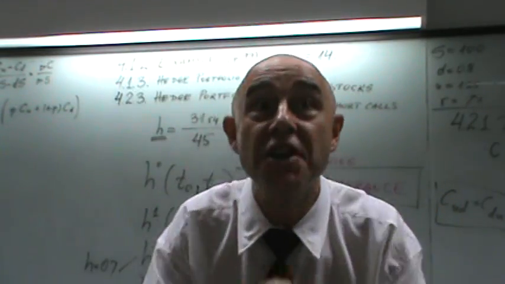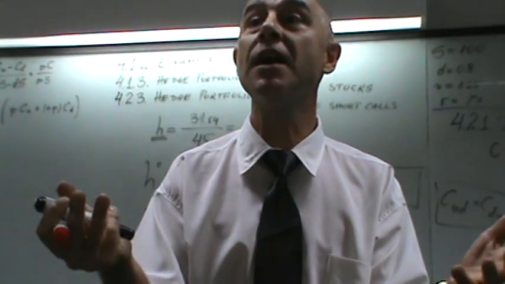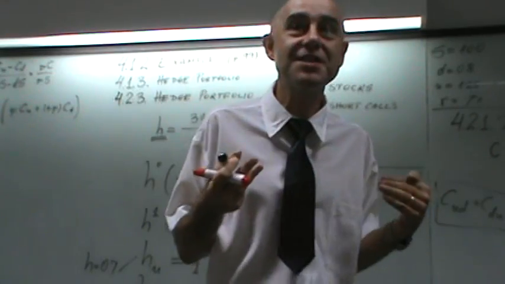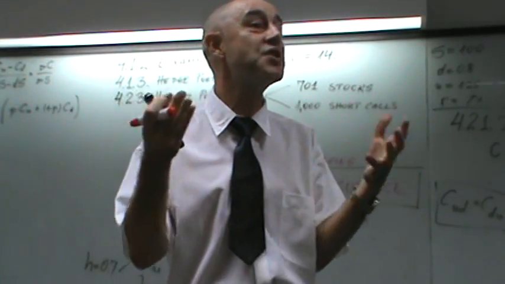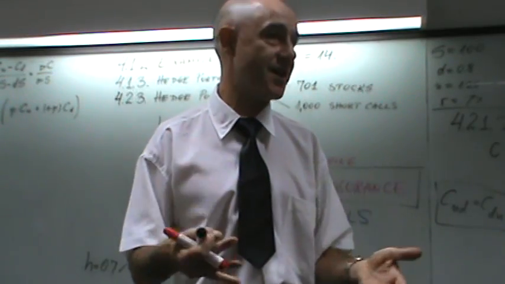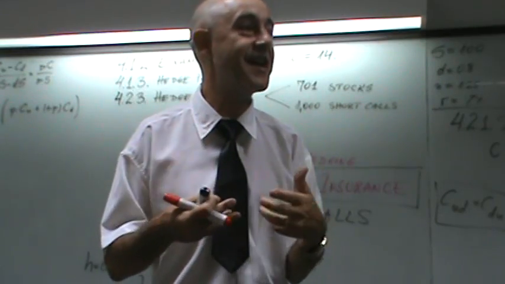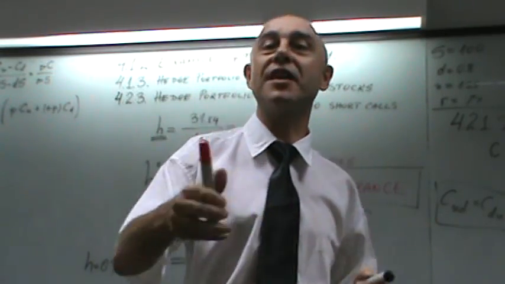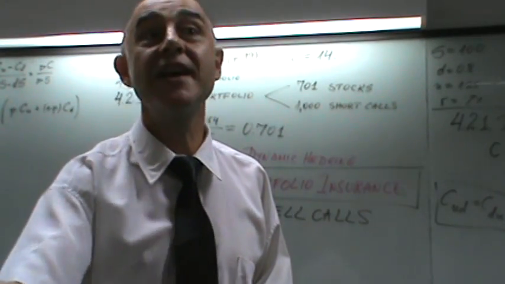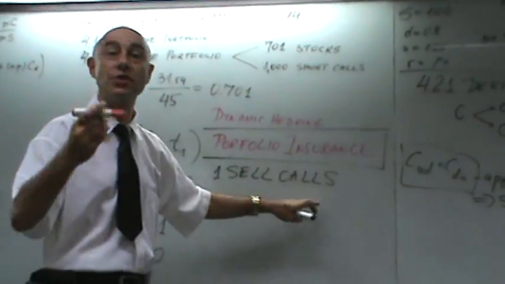Now the question is, can you all be protected at the same time by everybody selling calls? And the answer is no, it's impossible, because the stock market has a risk. And when the stock market goes down, somebody's got to take a loss. And everybody cannot protect themselves. But here's the trick. You think you're protected because you sold a whole bunch of calls and they're going to make money for you. Well, you sell calls, you think you're okay.